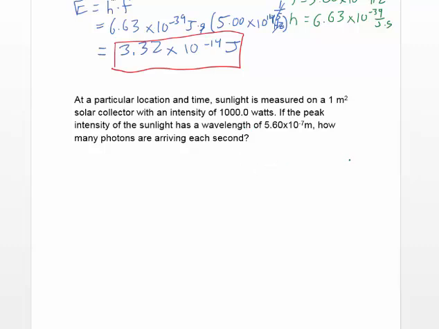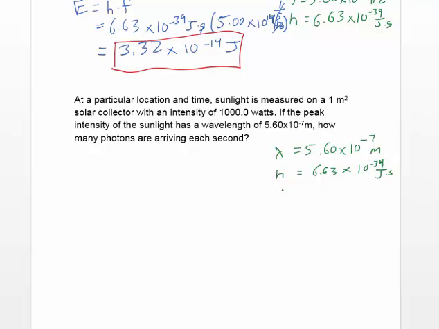Let's see what we know. We know the wavelength is equal to 5.60 times 10 to the negative 7th meters. We know, of course, H and C. We're going to need these. H is 6.63 times 10 to the negative 34th joule seconds.